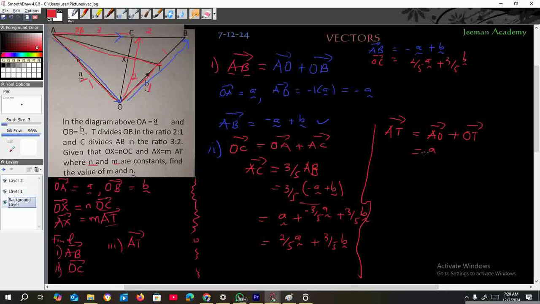AO, we already saw to be negative A because of direction, plus T divides OB in the ratio 2 to 1. That means OT will be 2 over the total ratio, which is 2 plus 1, 3 of OB. So this would be minus A plus 2/3 of OB, and OB is already given as B. So AT is given here. Let's write it here.